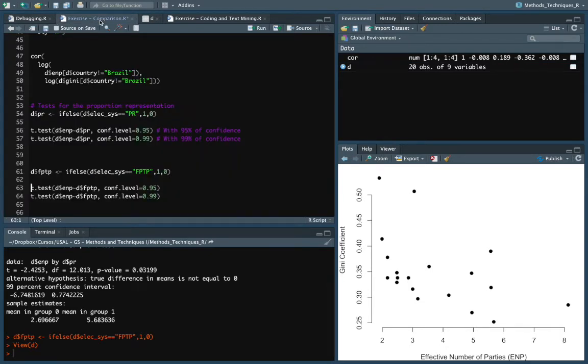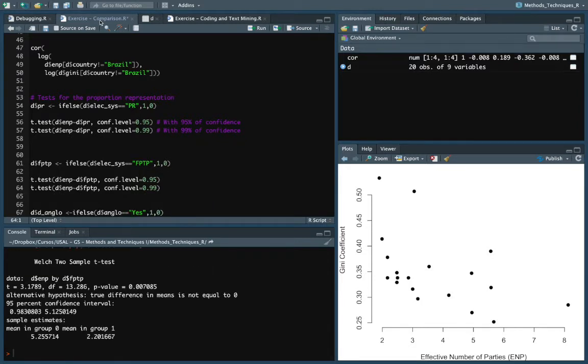So, I repeat the same tests with 95% confidence. I can see that the mean for first past the post is 2.2 parties, while in all other electoral systems it is 5.3 if we round it.